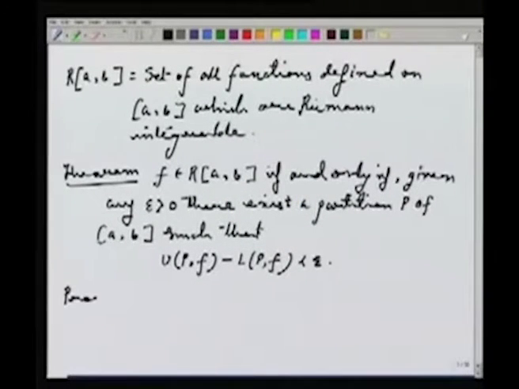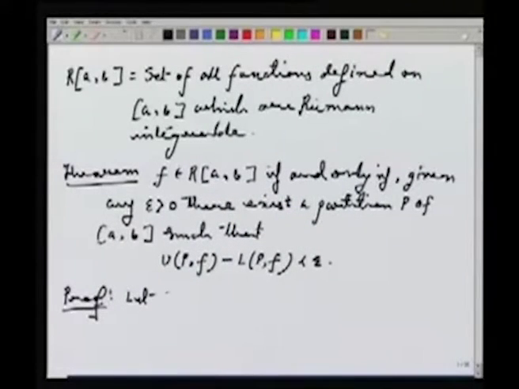So for the proof of this, let us first assume that f is Riemann integrable, and then given any epsilon bigger than 0, I will find a partition P such that U(P,f) minus L(P,f) is less than epsilon.